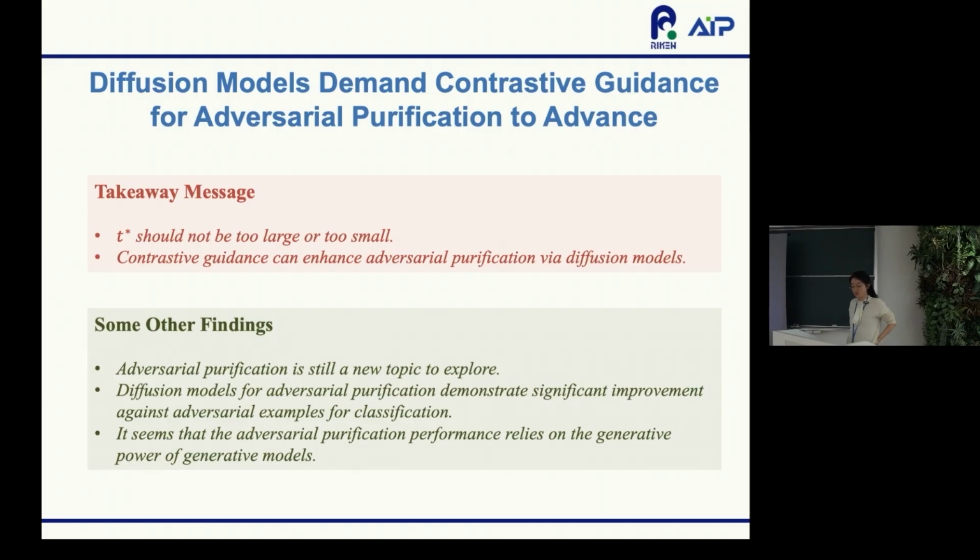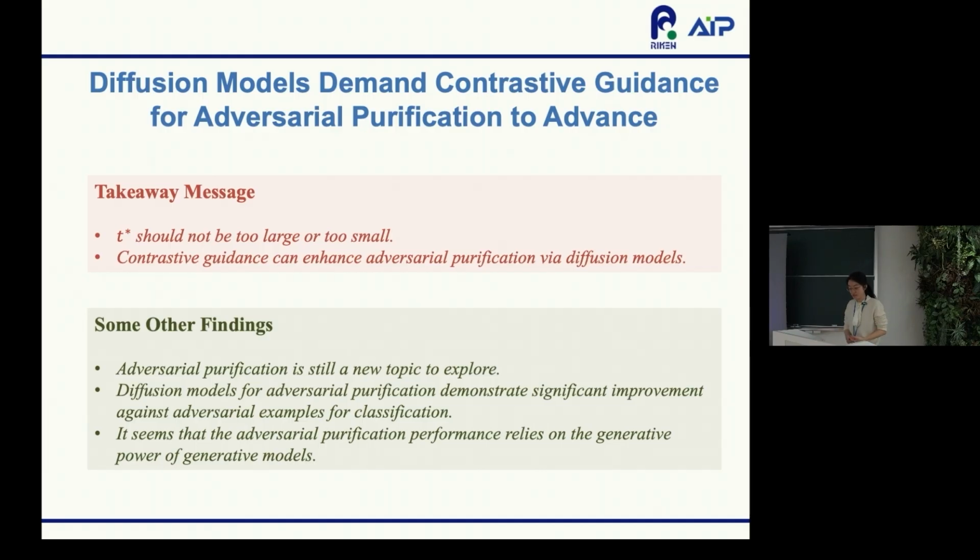First, diffusion models for adversarial purification were only proposed about 3 years ago, so this area is still very new to explore, and there are also some low-hanging fruits. You're welcome to join this community, discuss, and contribute.